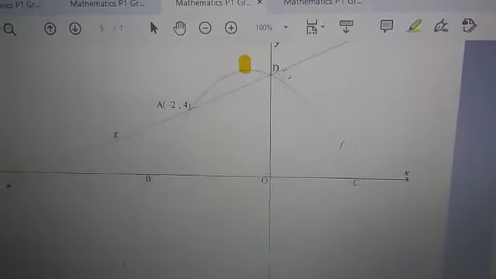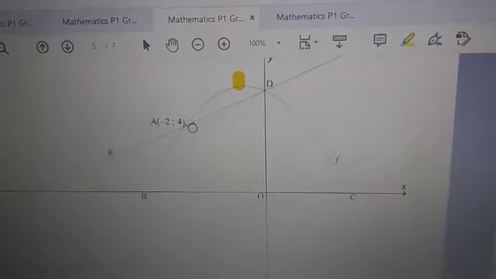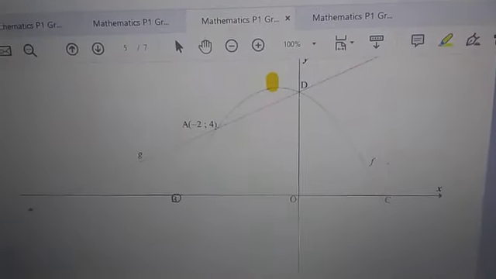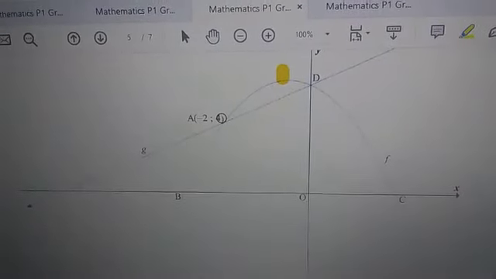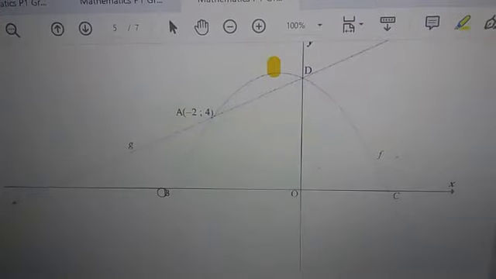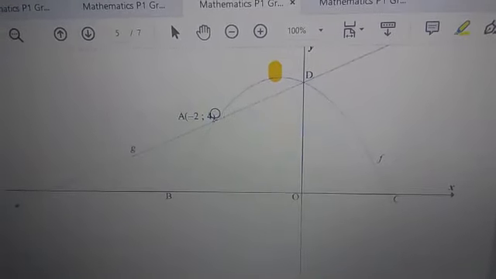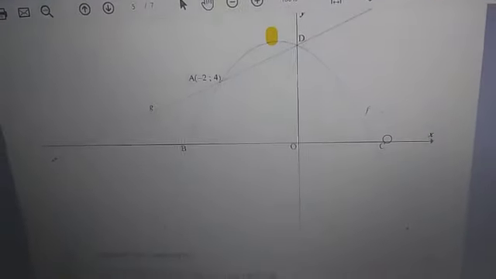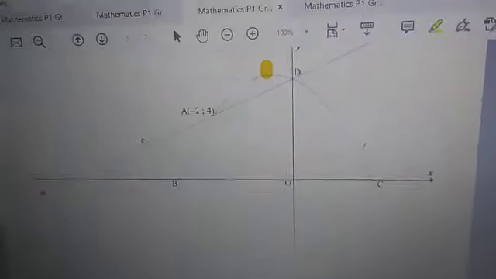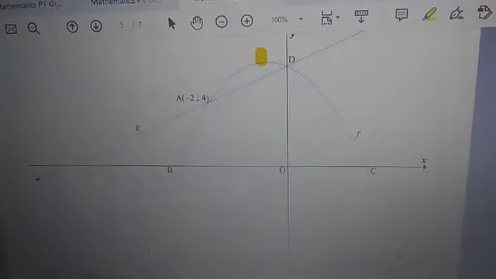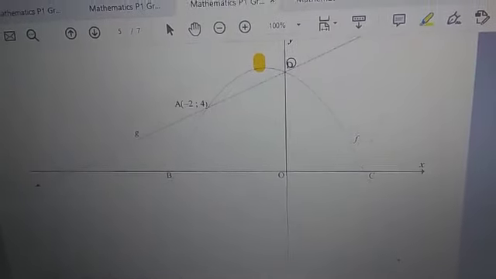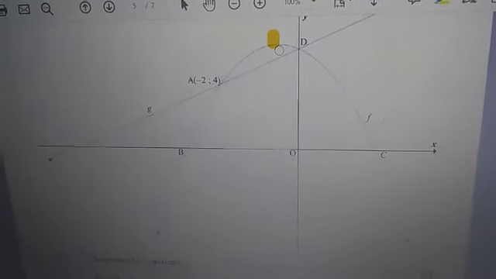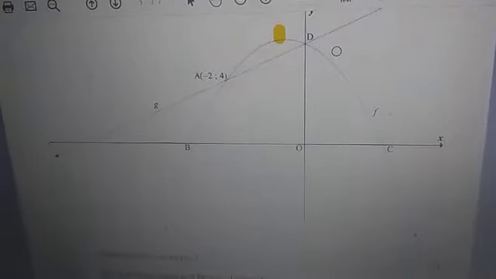And since they are saying it's an average, the gradient that you can get from point A to point D is not the same as the gradient from point D to point C, or from point C to A, or from point D to A. Hence they are saying it's an average gradient.